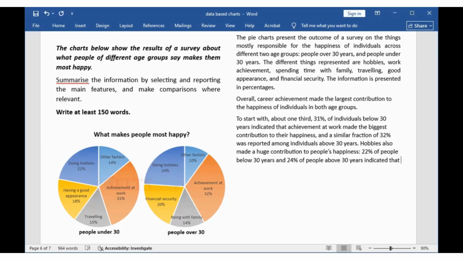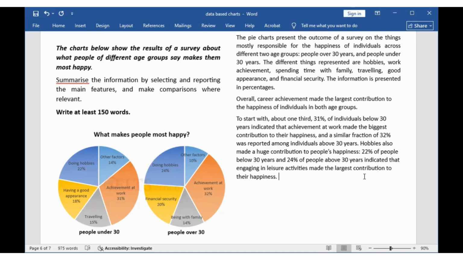I want to give you a paraphrase here. Engaging in leisure activities made the what? Biggest or the largest contribution to their what? Happiness.